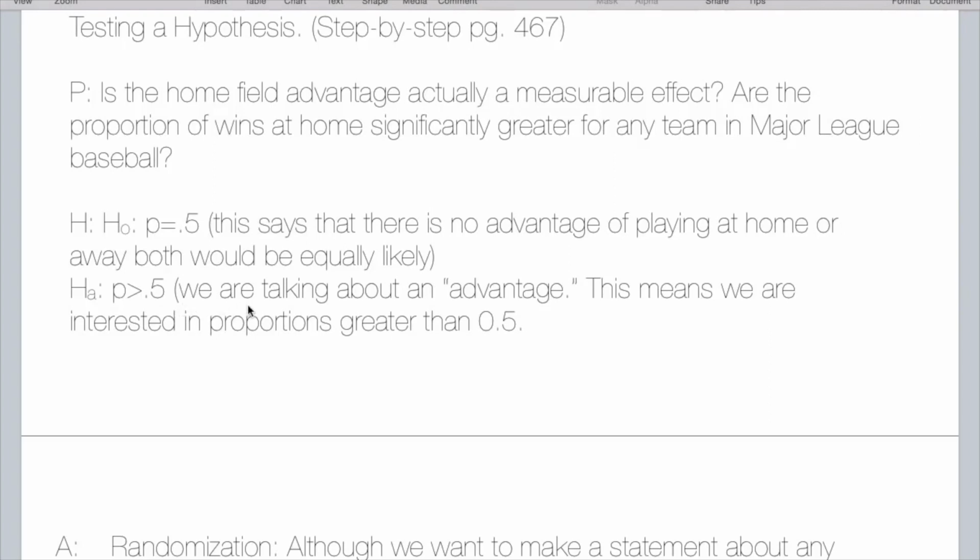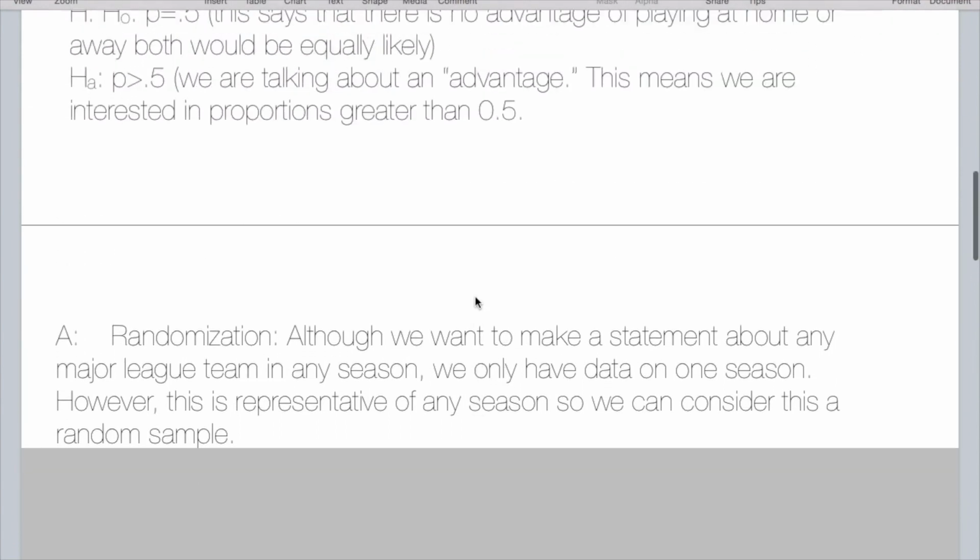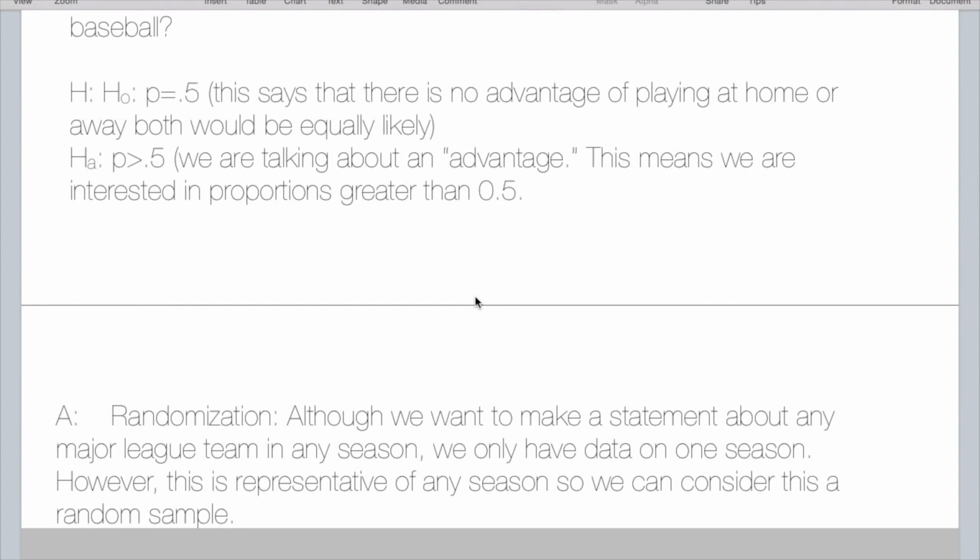We assume that it is an advantage, so that would mean that there's more than a 0.5 chance of winning the games at home. The question is, is 54.26% too big, right? So if we go through it like this, randomization. So we're done with our hypotheses. That was fairly quick. And I wrote out words here just for description. You don't have to write out the words unless you just need to write it out to make sure that you've got it in the right way.